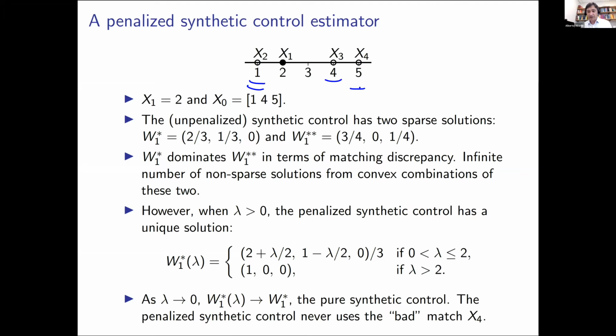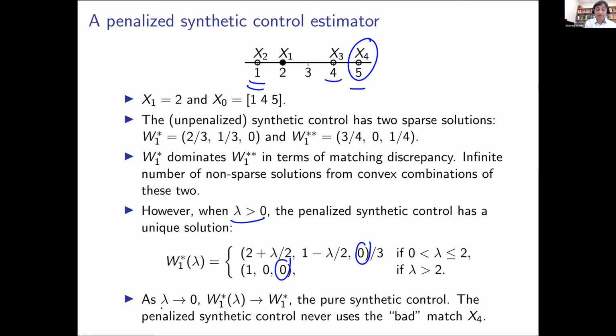We need a way to discriminate among them. However, when you look at the penalized synthetic control estimator, as long as lambda is bigger than 0, it has a unique solution, and it's sparse. In fact, you can see that it never uses the bad match x4.